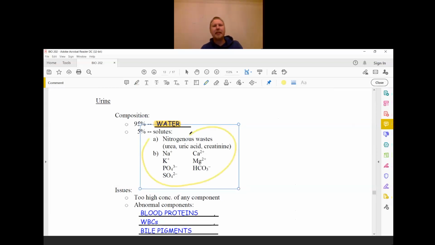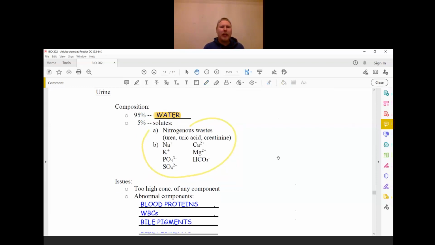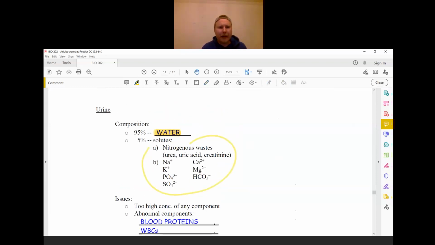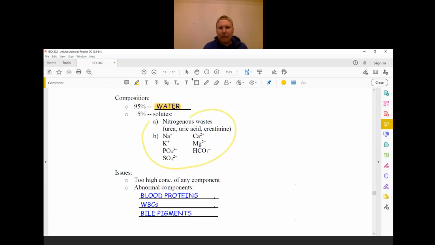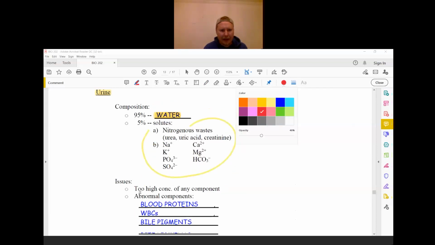But largely water. Let's have a look at what could be some of the problems with urine. If we have too high a concentration of any component that we normally find there, that could be a problem. Also, we do not want to find blood in the urine. Not red blood cells, not white blood cells.